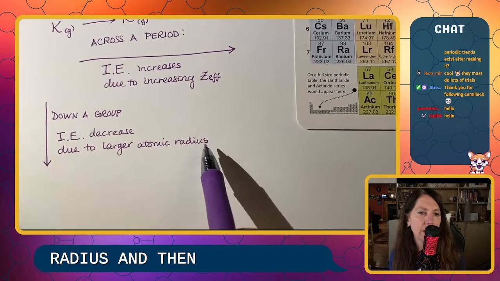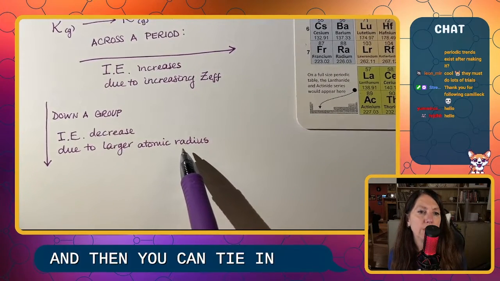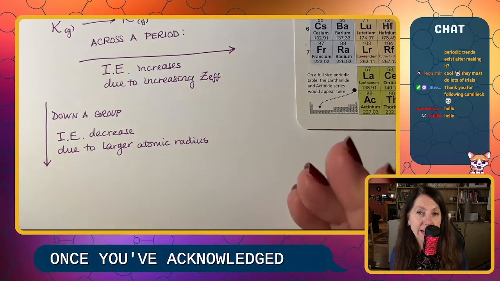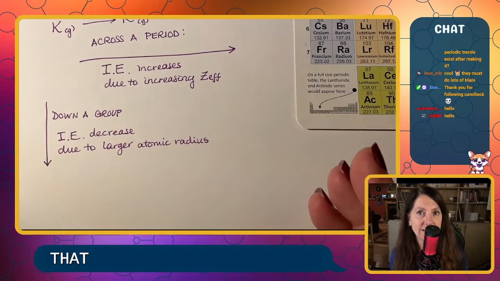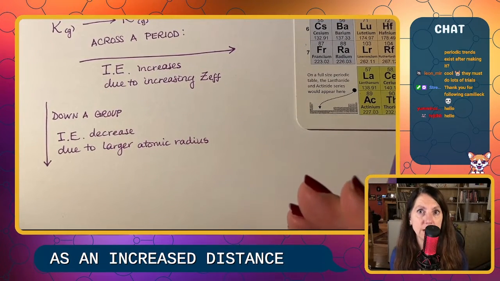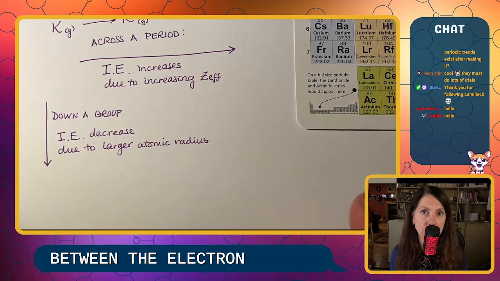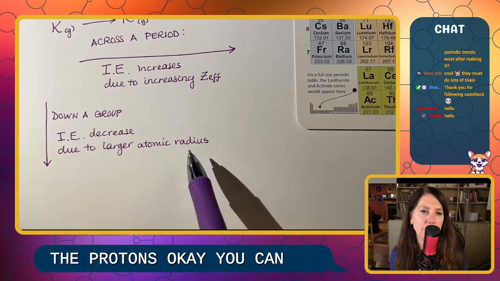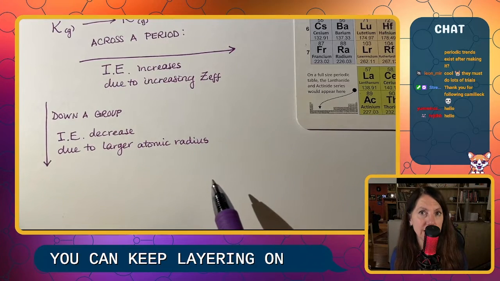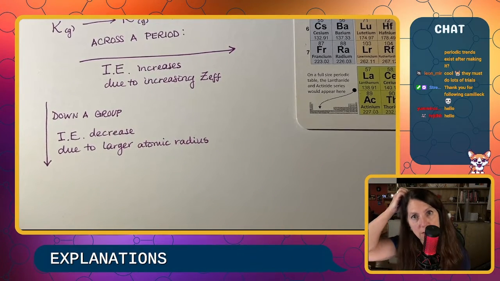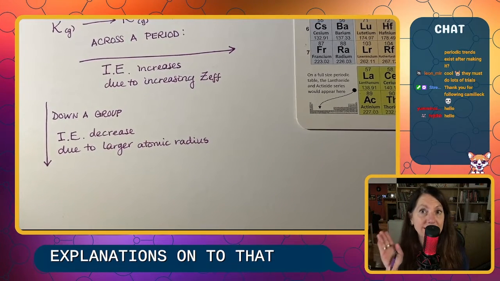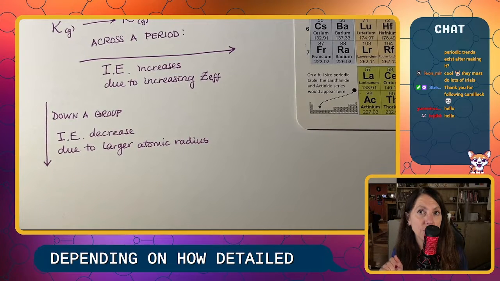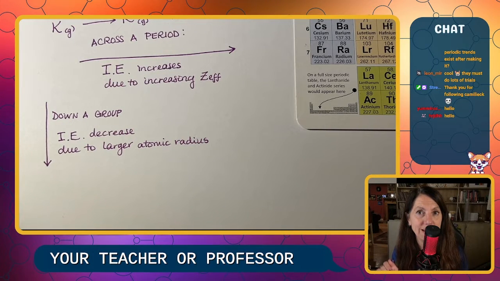And then you can tie in, once you've acknowledged it's a larger radius, then that's an increased distance between the electron and the protons. Okay, you can keep layering on explanations onto that, depending on how detailed your teacher or professor wants you to be in your explanation.